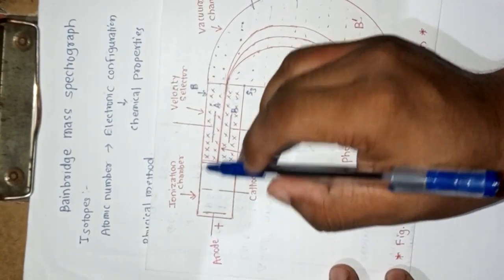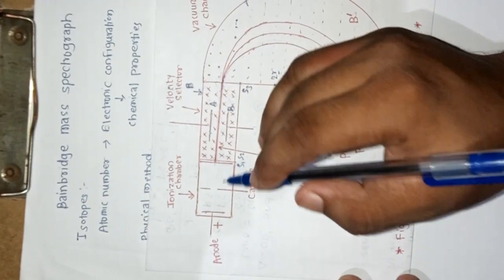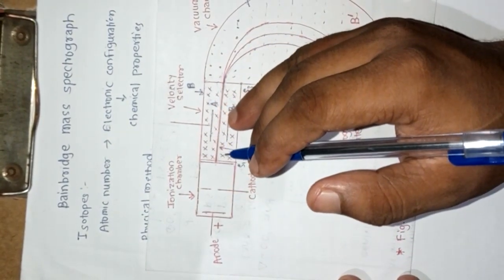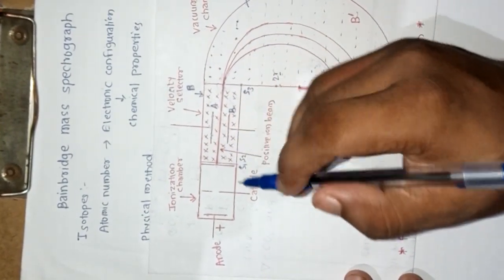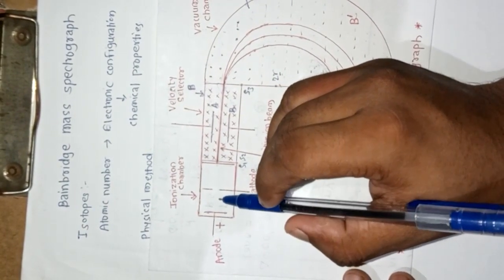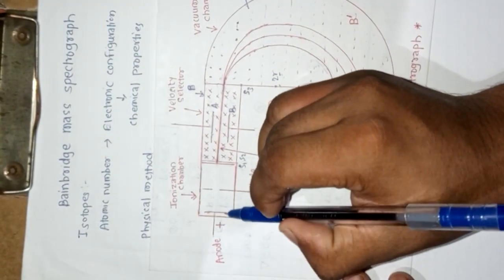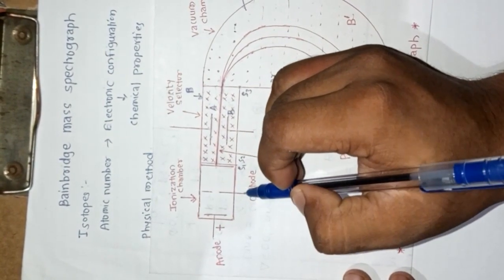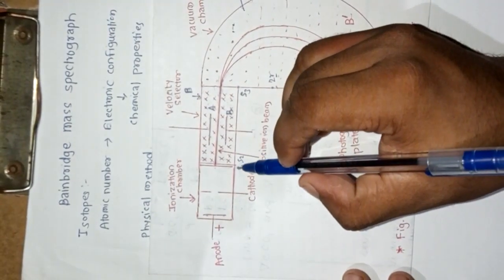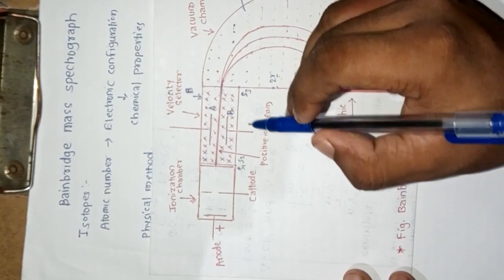This chamber is used to ionize the gas whose mass or whose isotopes are to be determined. So in this ionization chamber, positive ions are produced. Here this is the anode and this is the cathode. Again, S1, S2 and S3 are the three slits.